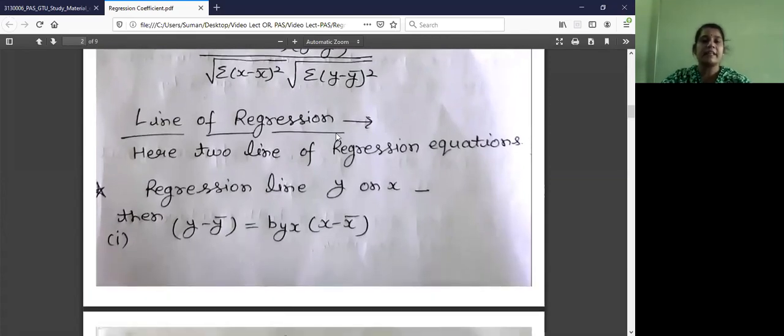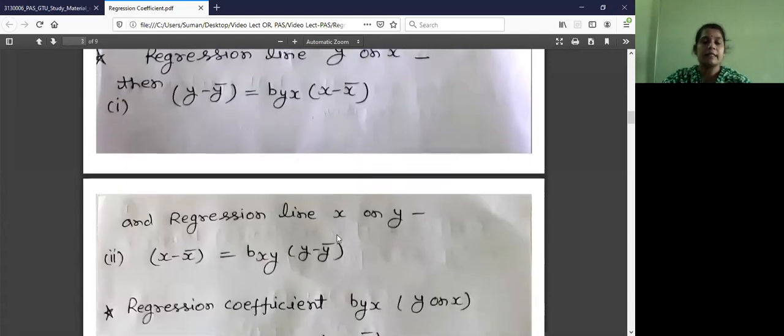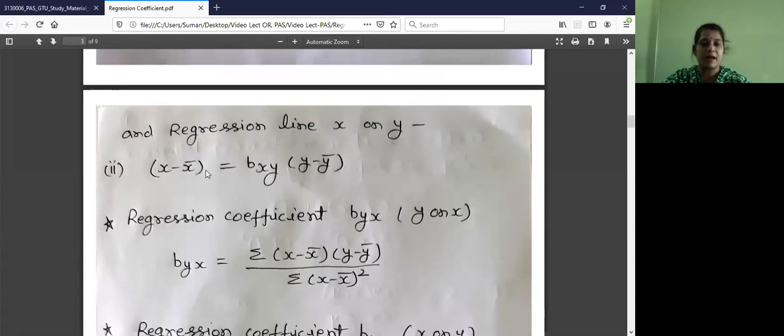The next is the line of regression. Here are two lines of regression equations. The regression line y on x: first we write the y, so our formula is y minus y bar is equal to byx multiplied by (x minus x bar), and the regression line x on y, that means x minus x bar is equal to bxy times (y minus y bar).